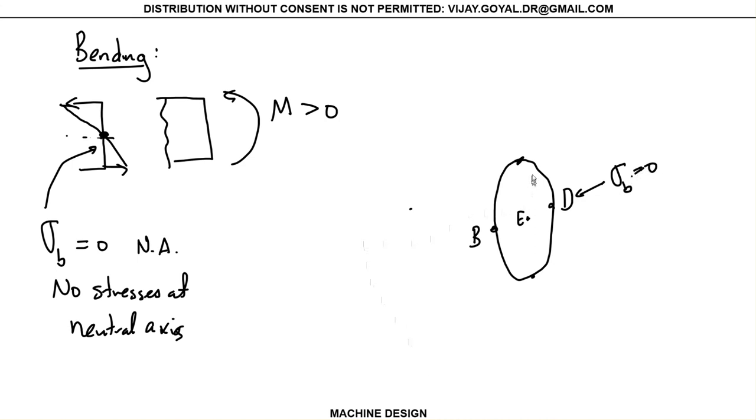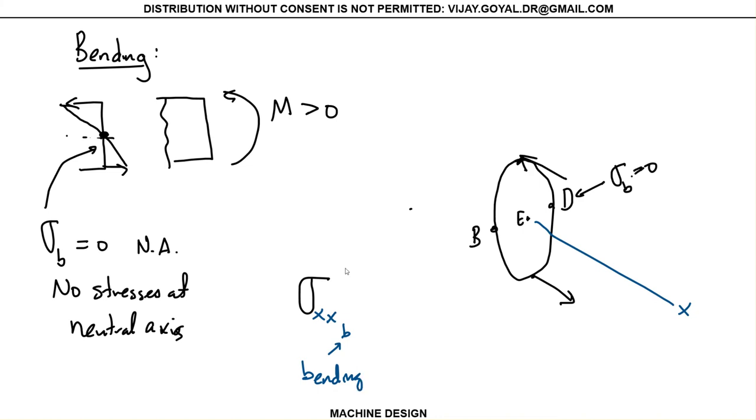Now, at this point here, your stresses are in compression. At this point, your stresses are in tension. And again, if I want to know the subscript, it's a stress acting on the x plane, because this is my x plane, and it's acting in the x direction. I'm going to use B for bending.